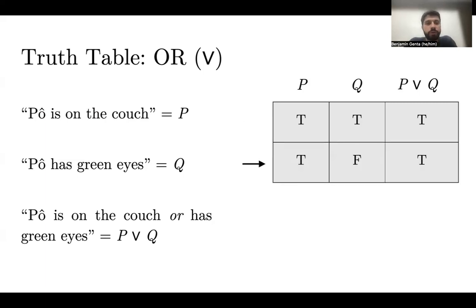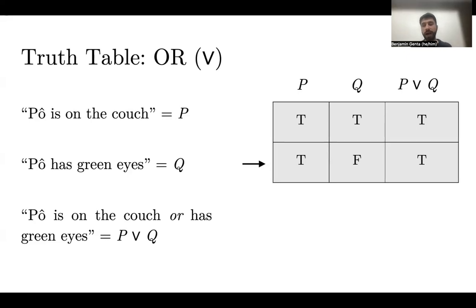But now what if I tell you, well, Beau is on the couch or Beau has green eyes, when Beau in fact has blue eyes? Well, now with the or, all we need is one part of the sentence to be true for this whole statement to be true. And this should make intuitive sense, right? If I say, without the either, the sky is blue, or I am 15 years old.